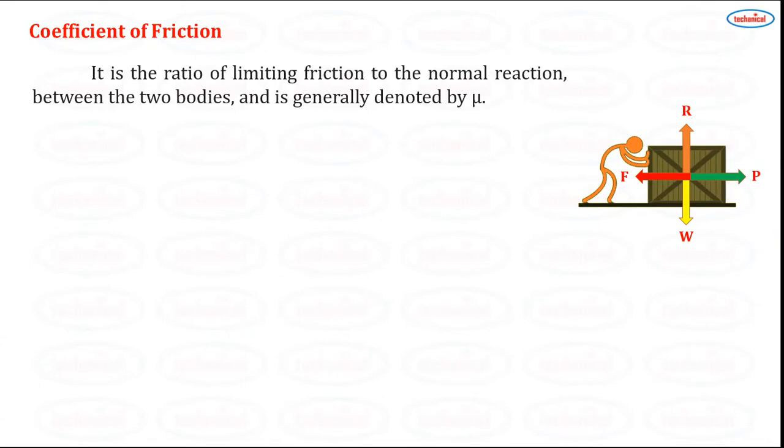Coefficient of friction. It is the ratio of limiting friction to the normal reaction between the two bodies and is generally denoted by mu.